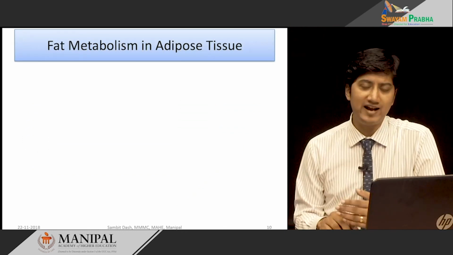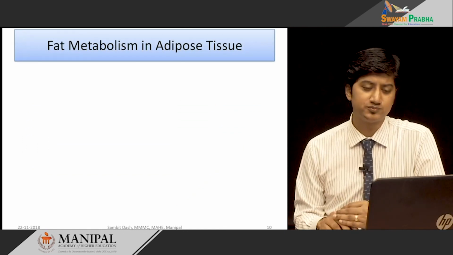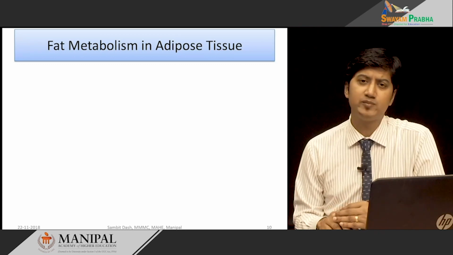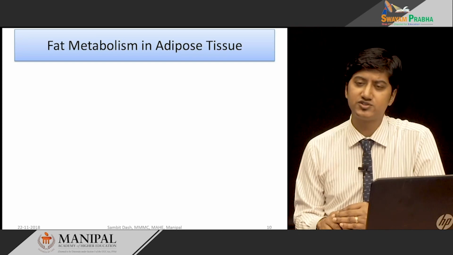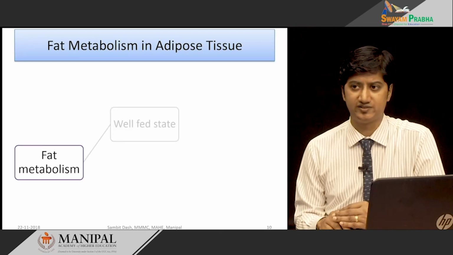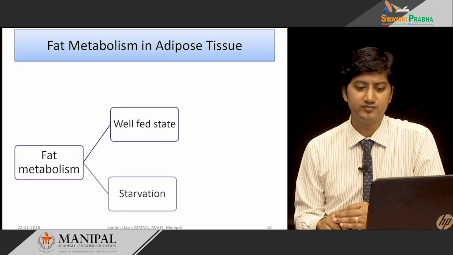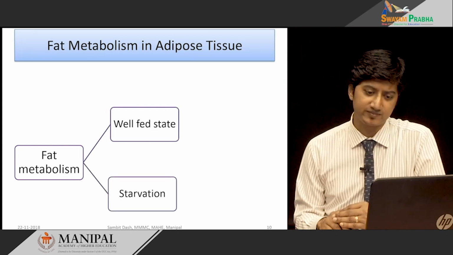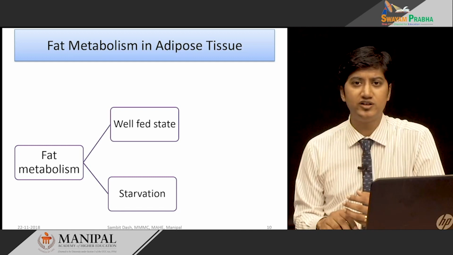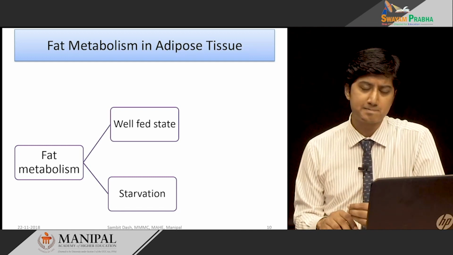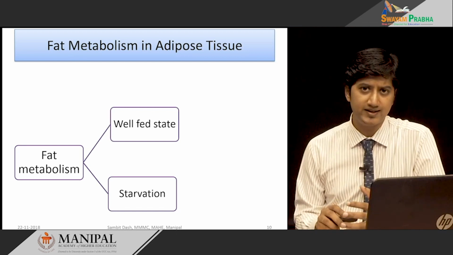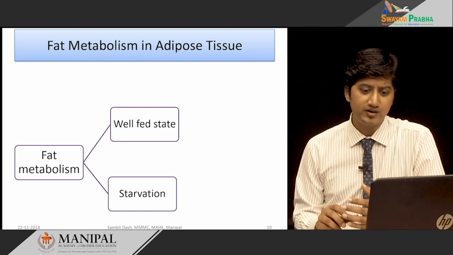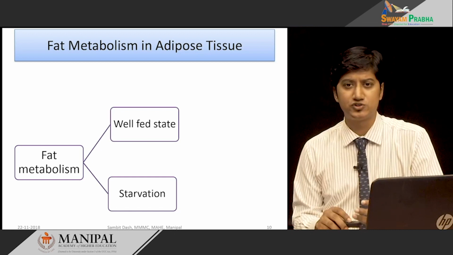Let us move on to fat metabolism in adipose tissue. Fat metabolism in adipose tissue can be studied under two broad conditions: well-fed state and starvation state. In the well-fed state, the triacylglycerol in the food that we eat, which is packaged in chylomicrons in the intestine, is delivered to adipose tissues.